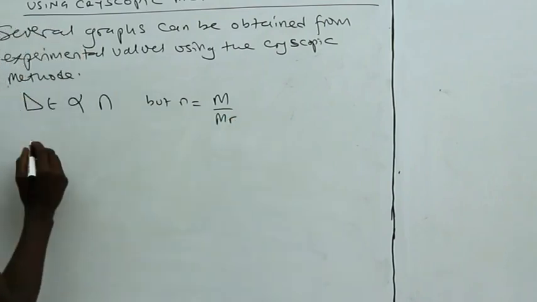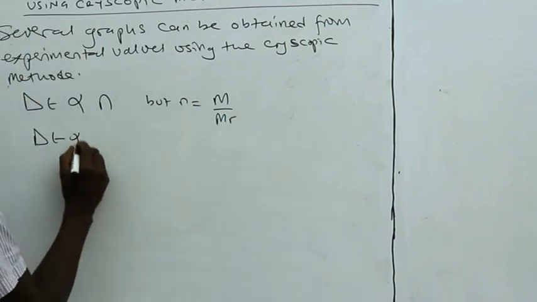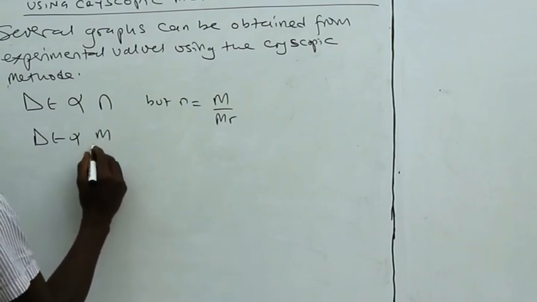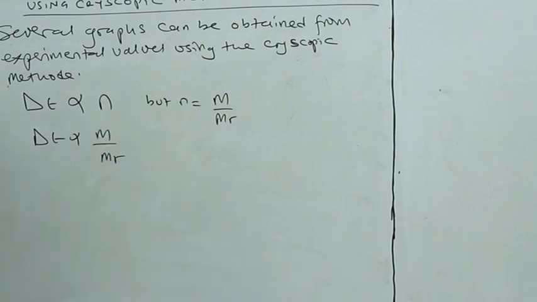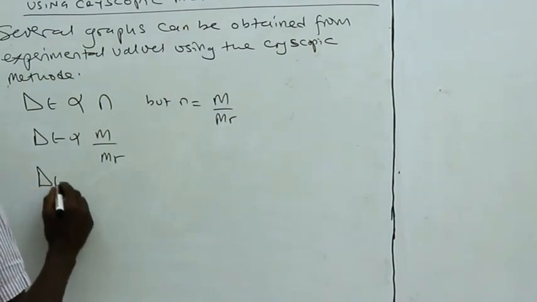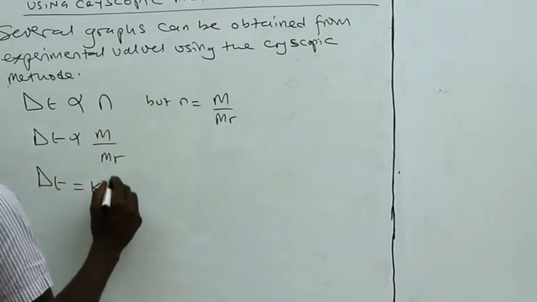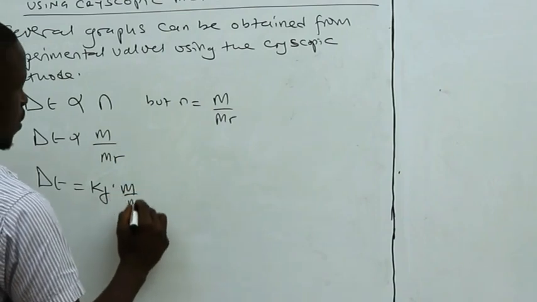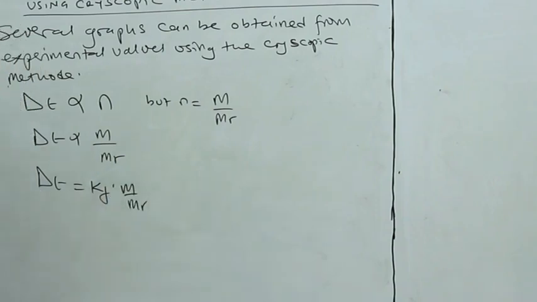So someone could as well say that ΔT is directly proportional to mass, but inversely proportional to molecular mass. Now, if we remove the proportionality sign for the cryoscopic method, then the constant should be the cryoscopic constant, Kf times mass over molecular mass.